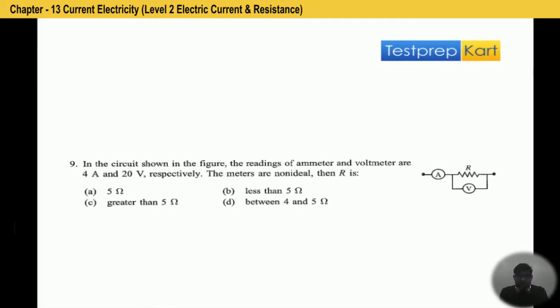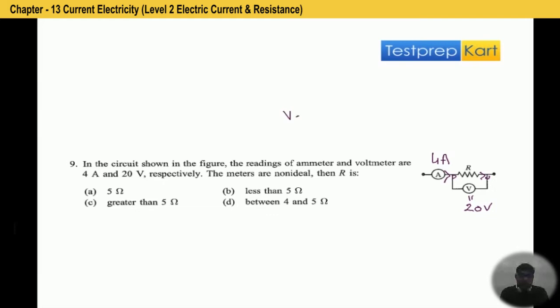So please see, here one ammeter is connected in series and it is showing a reading of 4 ampere. It means the current passing through this resistance is 4 ampere. Another voltmeter is connected in parallel, that's showing a reading of 20 volt. Right. It means the potential difference across this resistance is 20 volt.